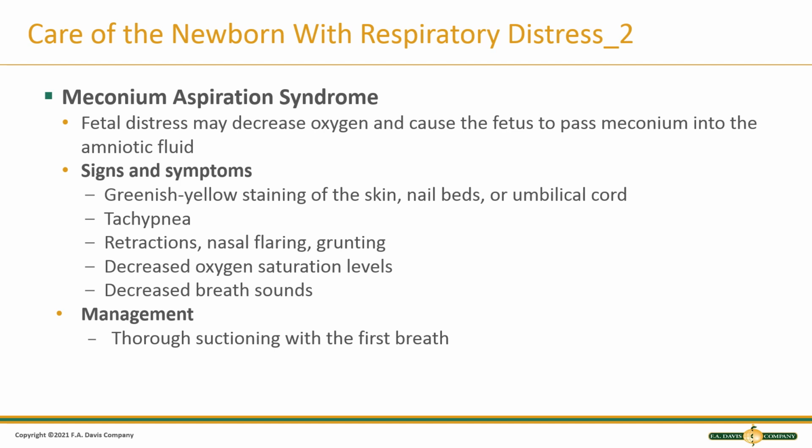So what are some of your signs and symptoms? The greenish yellow staining of the skin, nail beds, and or umbilical cord. The tachypnea, they're going to be breathing fast. They're going to have the retractions, the nasal flaring, and the grunting. Their O2 sat's going to be decreased, and they're going to have decreased breath sounds.